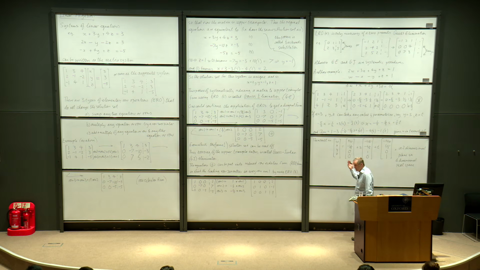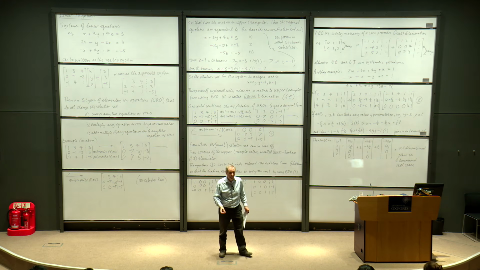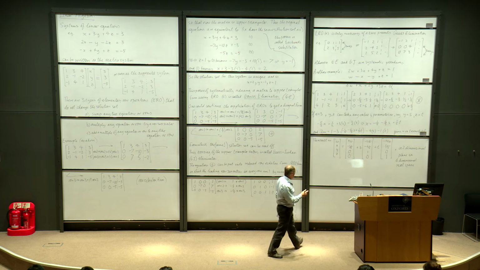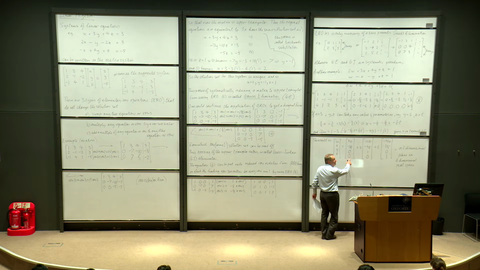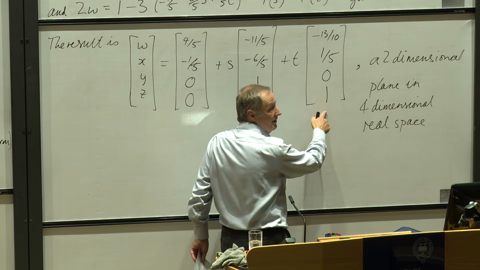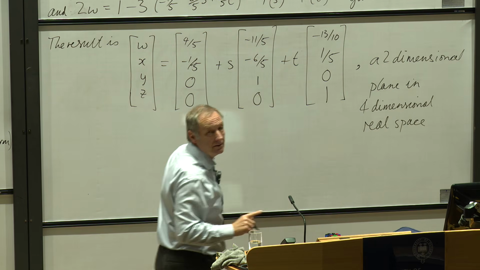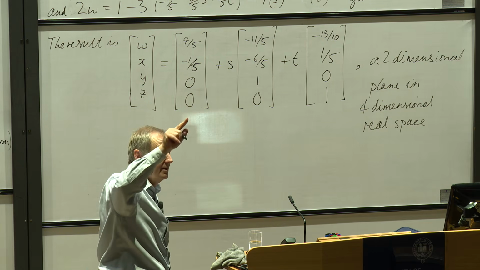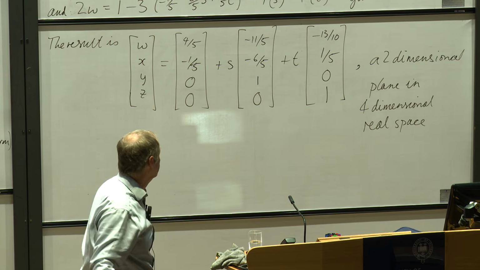You want to think of geometrically what this point means. I'm in four-dimensional space, and I can go to a particular point, and then I have to go any distance in another direction, plus any distance in another direction. So I go to a point, and I can go that way or that way. So that fills out a plane for me. Okay?